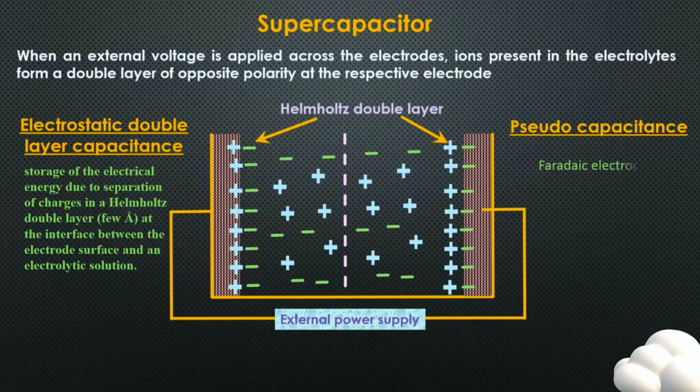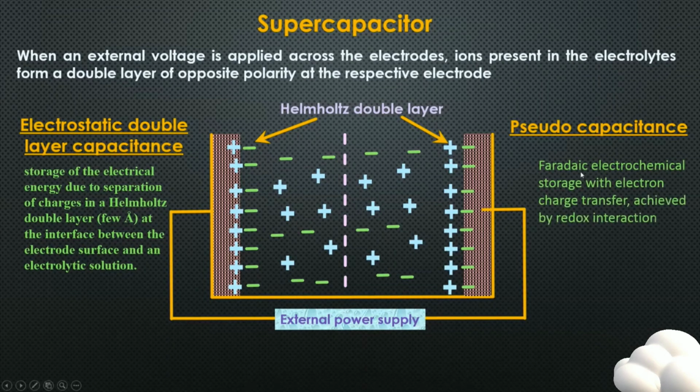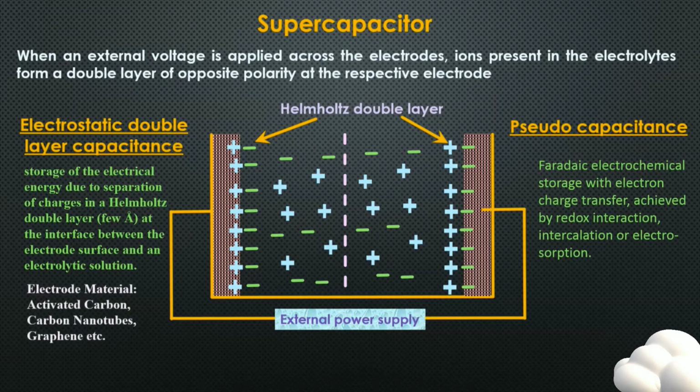So this is because of that condition. And pseudo capacitance is Faradaic electrochemical storage with electron charge transfer achieved by redox interaction, intercalation, or electrosorption. So because of that, the supercapacitor will have two types of capacitance available when an external potential is applied to them. So this is the main feature of supercapacitor, because of which it has high capacitance value.